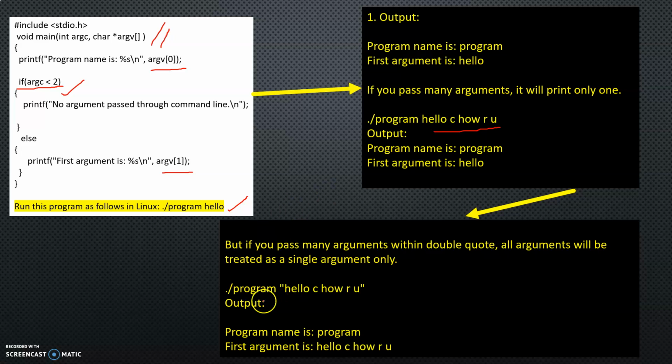So here I have given an example: dot slash program, and within double inverted commas I write hello, C, how are you. That means program is argv0 and hello, C, how are you is argv1. Yes, it will print the first argument because they are in double inverted commas. Don't use single inverted commas, because these are not characters. As it is a string, we give it in double inverted commas.